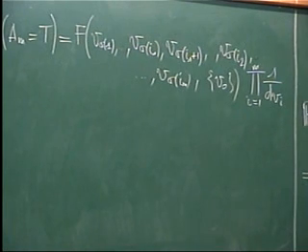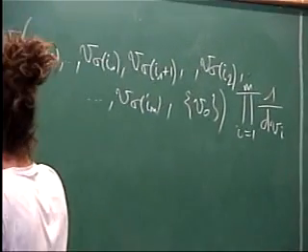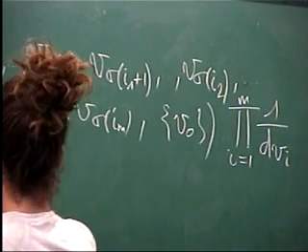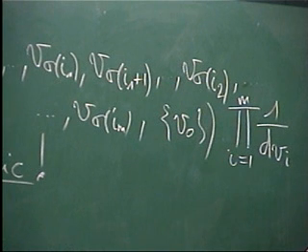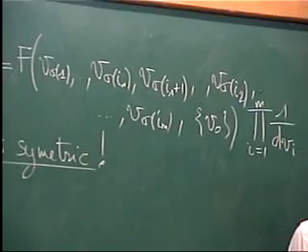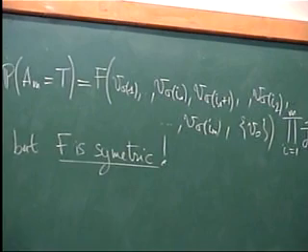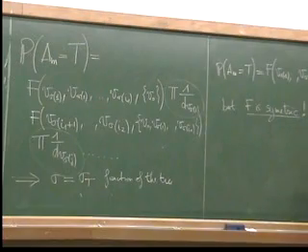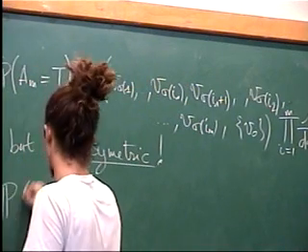But f is symmetric. So, a priori, we had a tree, T. We construct a permutation sigma function of T in order to express the probability to get this tree. But as f is symmetric, we can take off this permutation.